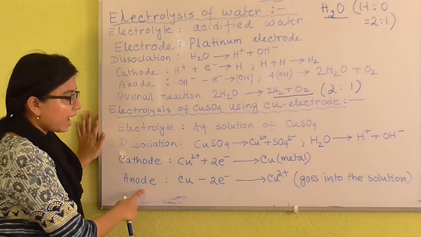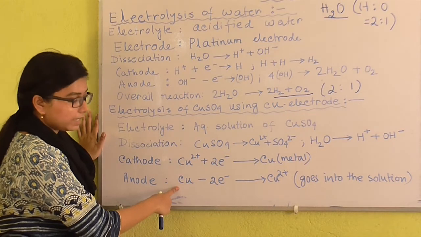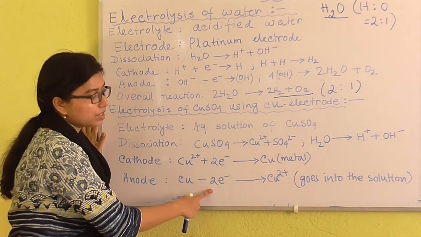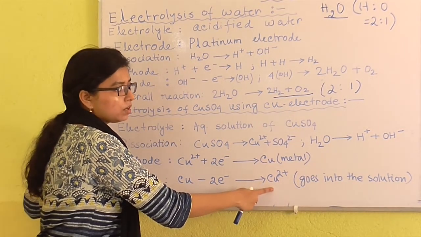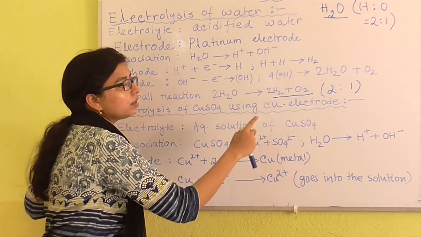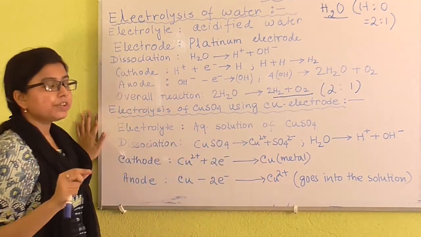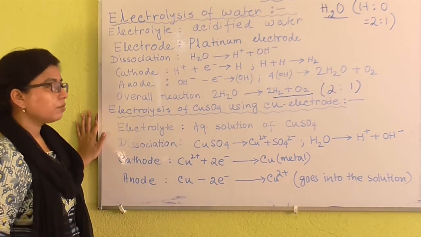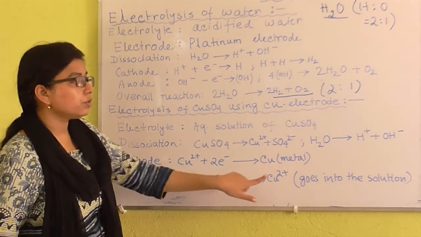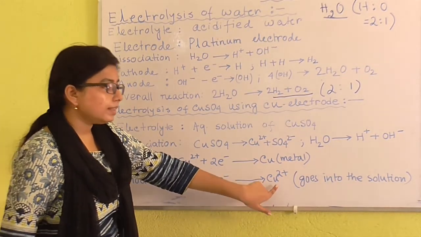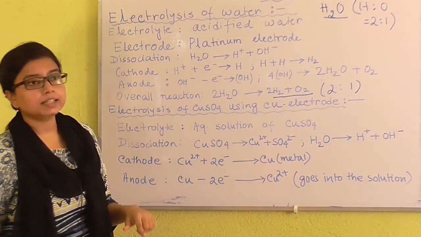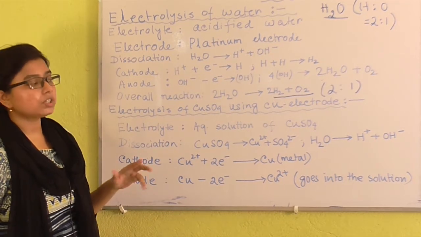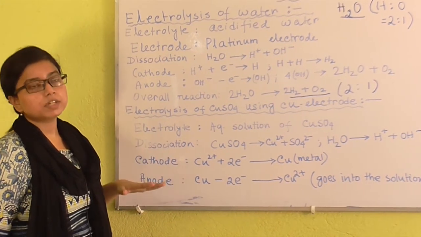So from the anode the copper metal will lose 2 electrons forming Cu2+. None of the anions will move here towards the anode. The copper metal itself will lose 2 electrons producing Cu2+ ion, and this Cu2+ ion will maintain the Cu2+ concentration in the copper sulfate solution.